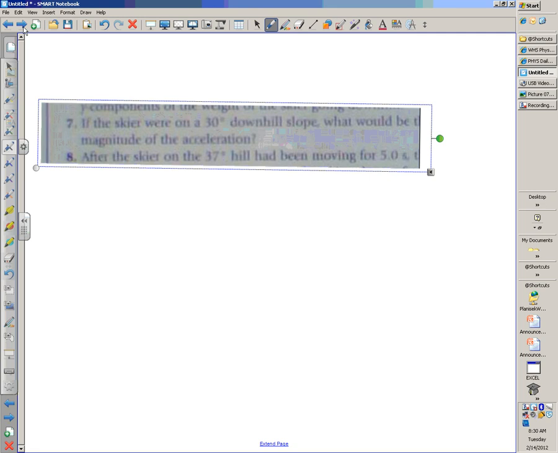You're changing the angle of the hill, and it only asks you to calculate the magnitude of the acceleration. So you can stop after that last step. Not quite as expensive, but very similar to what we just did. Okay? So, why don't you go ahead, start working through this problem.